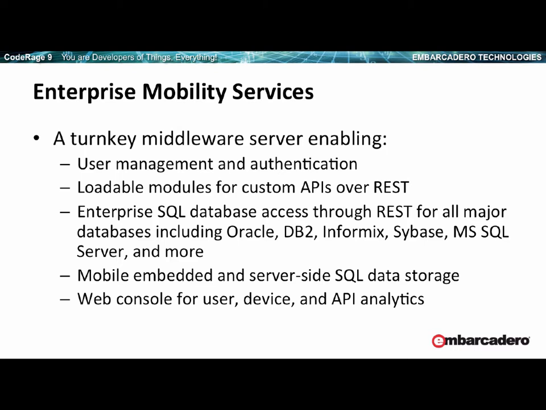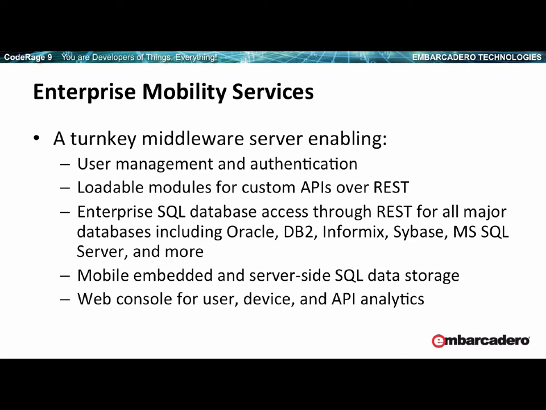The other piece, and this was related to custom APIs, was being able to load modules or add new modules easily without affecting the production server, and basically to deliver custom APIs via the REST protocol. We also deliver our enterprise SQL data access technology, FireDAC, to access all these major databases.